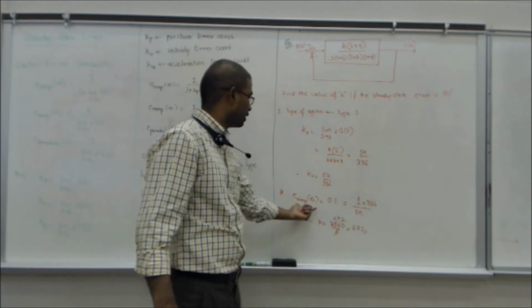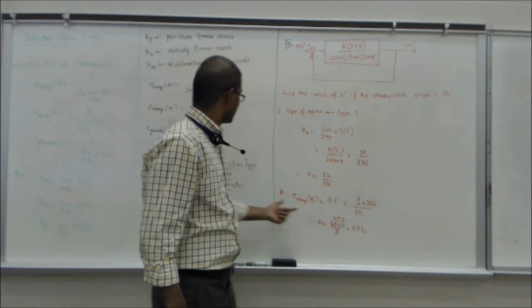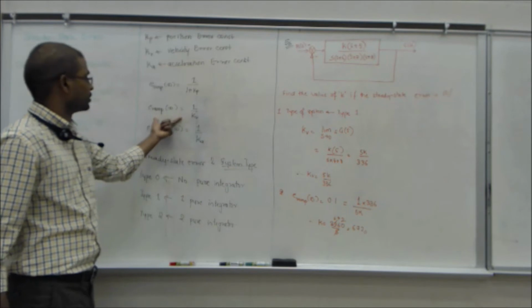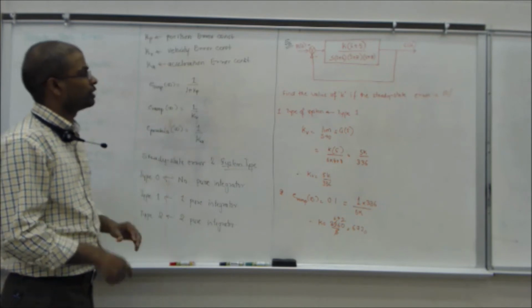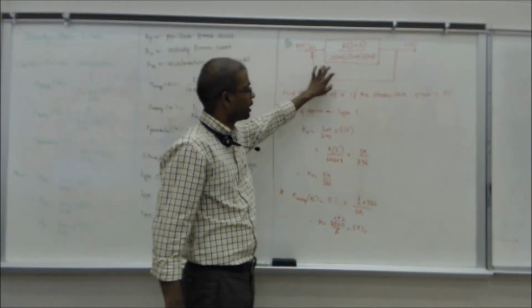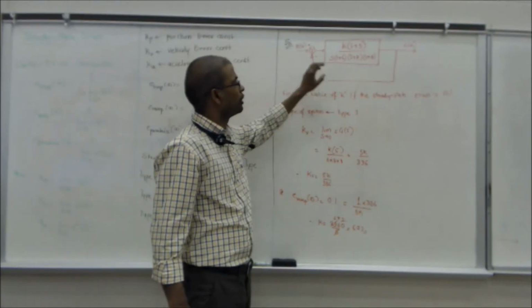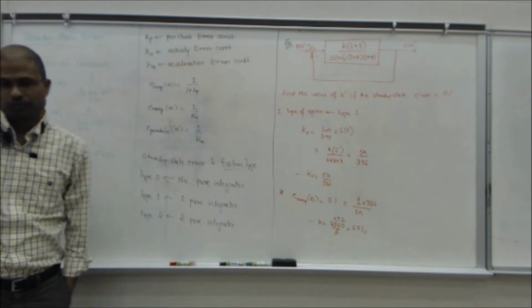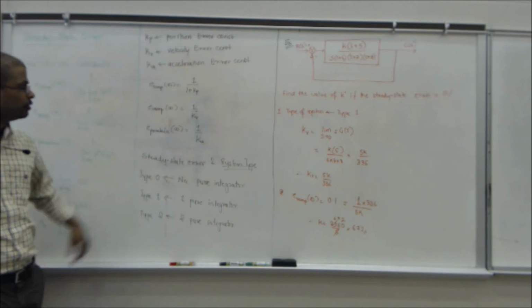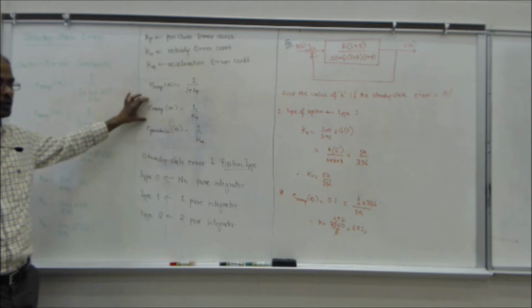So E ramp is, by definition, this, right? The trick here is that you immediately identify that this is a type 1 system, so you'll have to use just one of these.